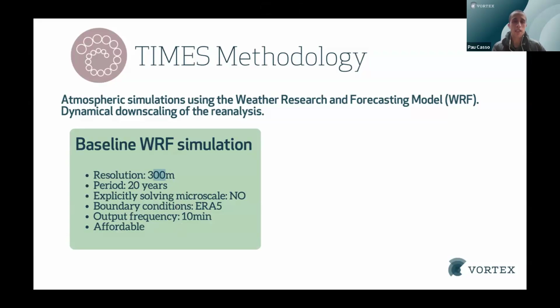The key thing here is that even though it's 10-minute output, it's not fully descriptive of microscale, because in the WRF model, you can choose to parameterize the microscale with the boundary layer parameterization, surface layer parameterizations, etc., where you can save a lot of computational resources. And you get a very nice descriptive climatic time series, which somehow is missing a little bit of microscale details.